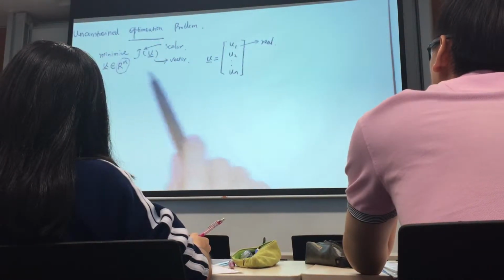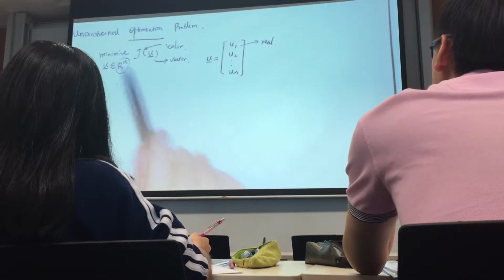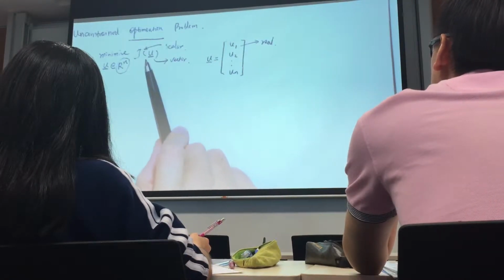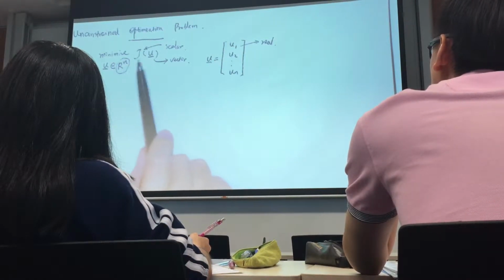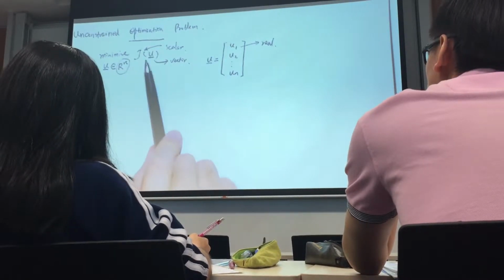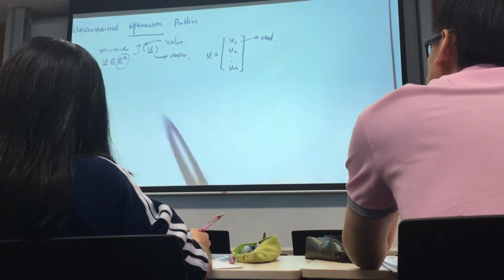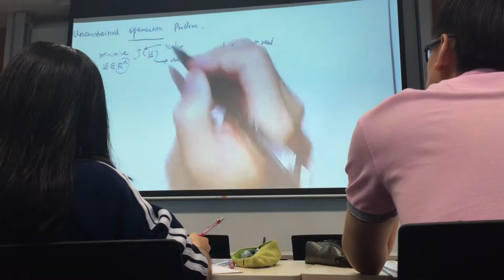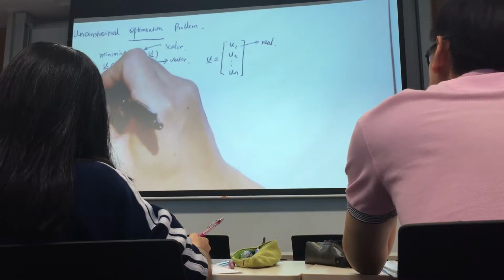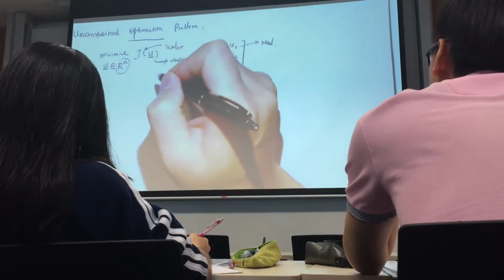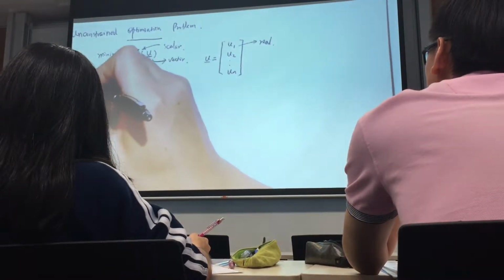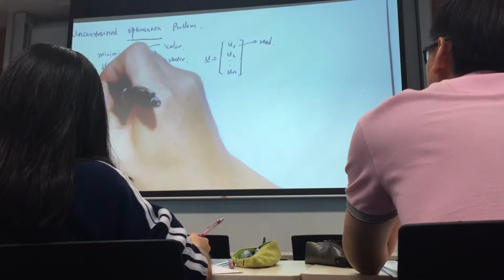To solve this problem, in general this J is unknown. So we are not solving a particular function, but we want to find the general solution to this set of problems. The general solution to this problem is to solve two conditions.